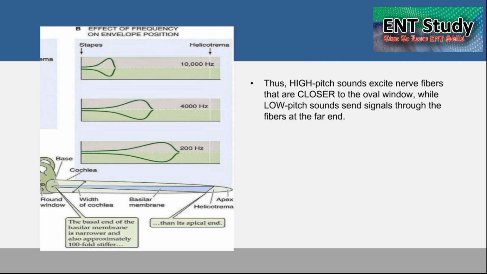Thus, the high frequency sounds, which are high energy, stimulate the basal end of the basilar membrane, while the low frequency sounds can travel farther down. Thus, the high-pitched sounds excite nerve fibers that are closer to the oval window, while the low-pitched sounds send signals through the fibers at the farther end.